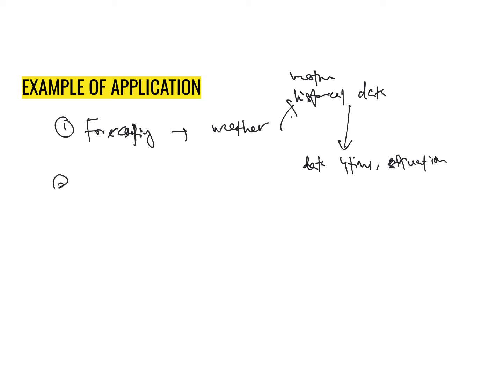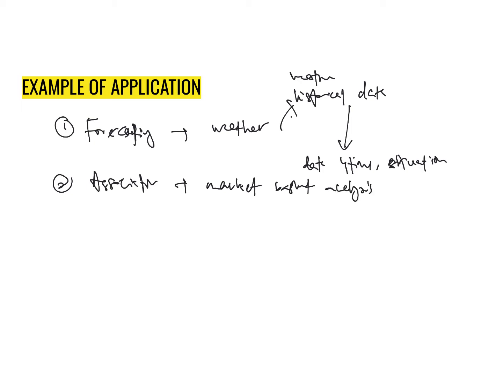Apa lagi yang dibuat? Antaranya ialah contoh lain iaitu association. Kita nak tengok association, apa contoh dia? We want to find apa produk yang selalu dibeli dengan produk apa. Ini boleh dikenali sebagai market basket analysis. So apa yang dibuat kat sini?